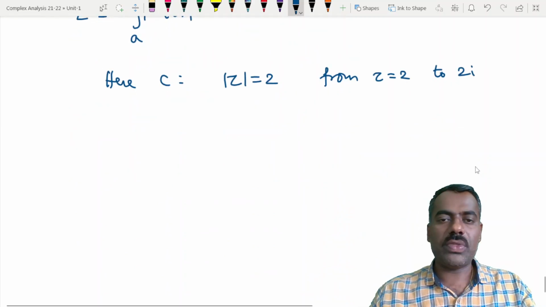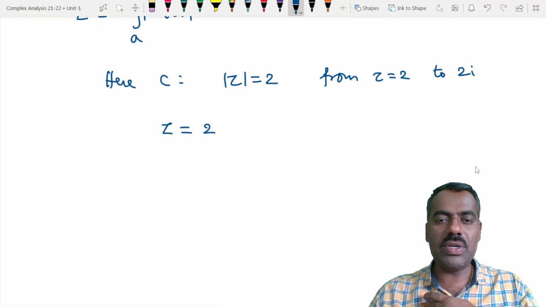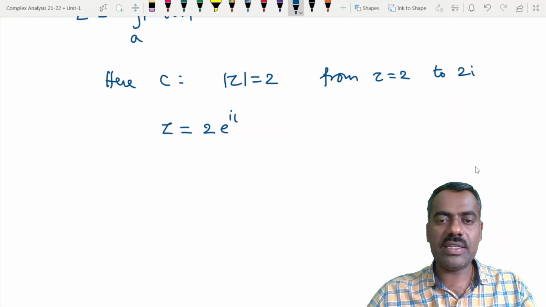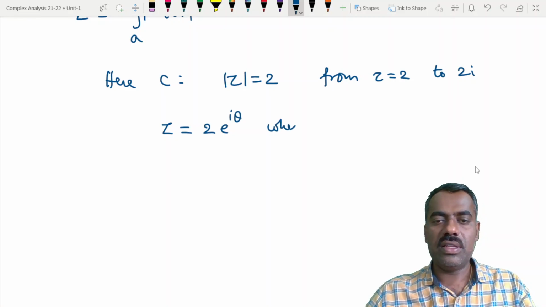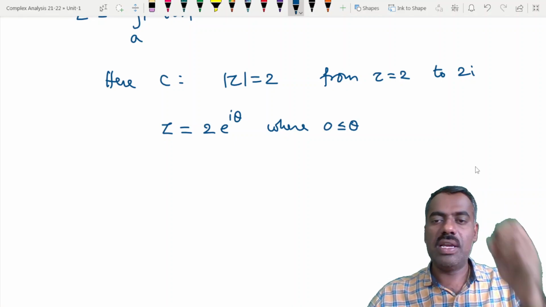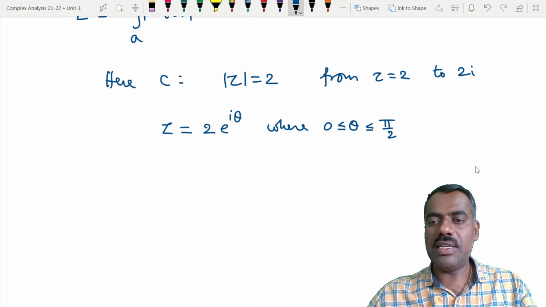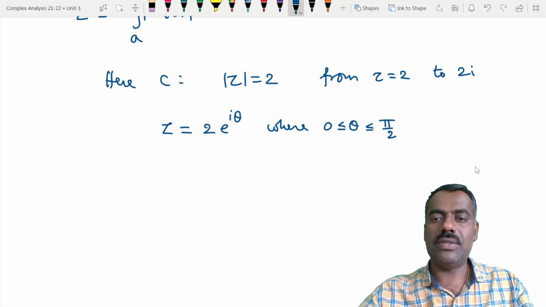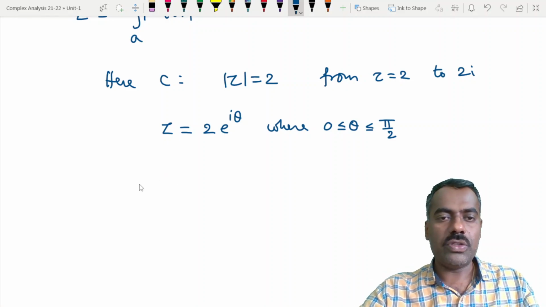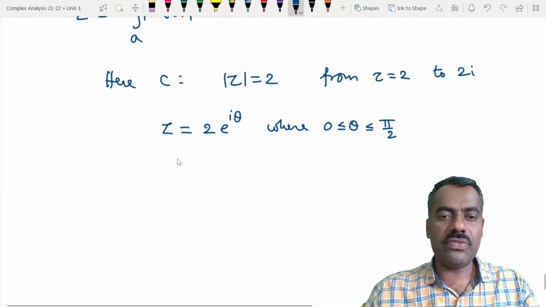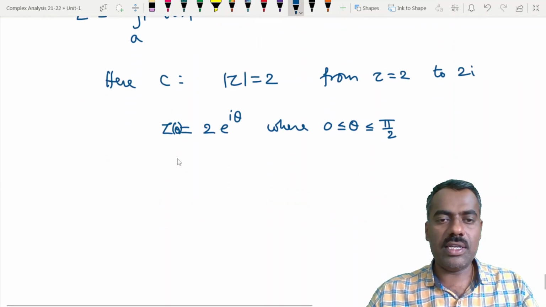So this z can be written as 2 e power i theta, because the radius is 2, where theta is from where to where? Theta will vary from 0, because when theta is 0 you get 2, and when theta is π/2 you get the value 2i. So what is z dash of theta? If you want, you can write it as z of theta.